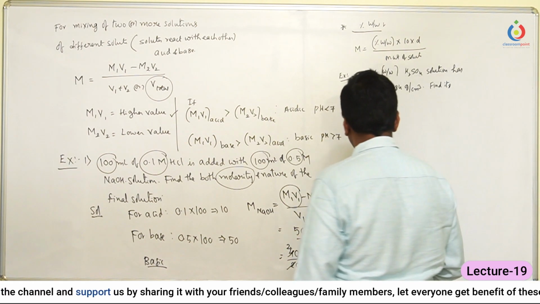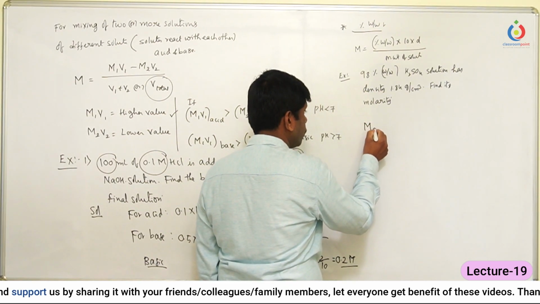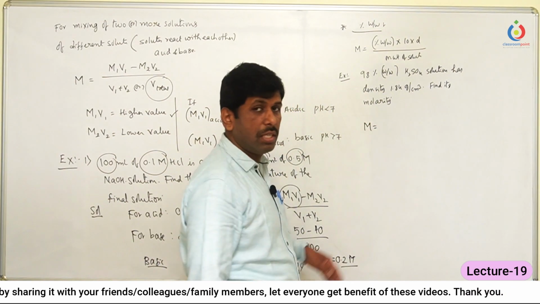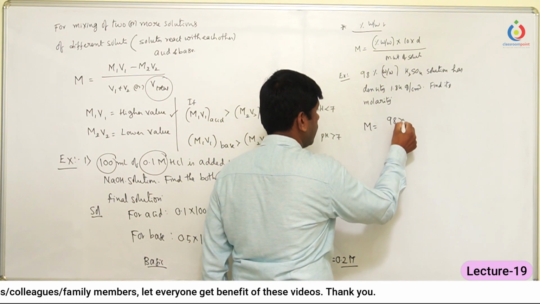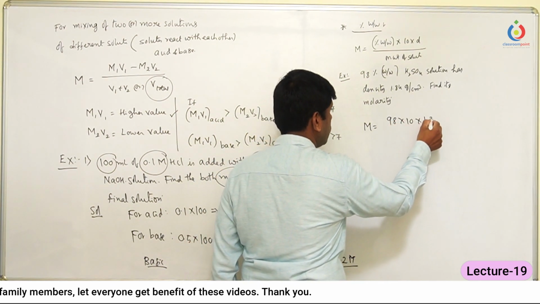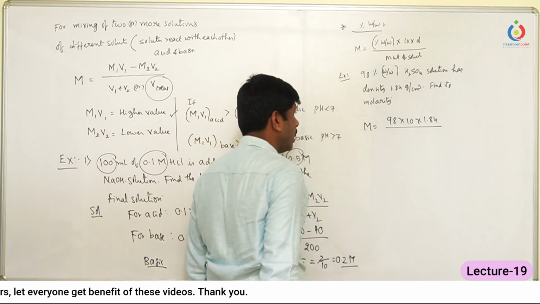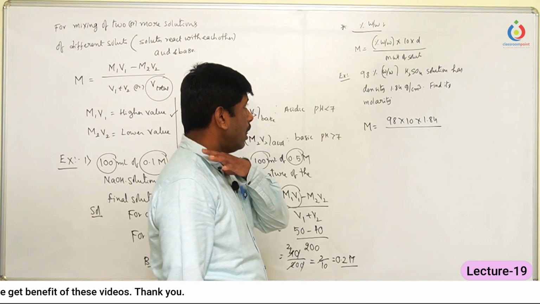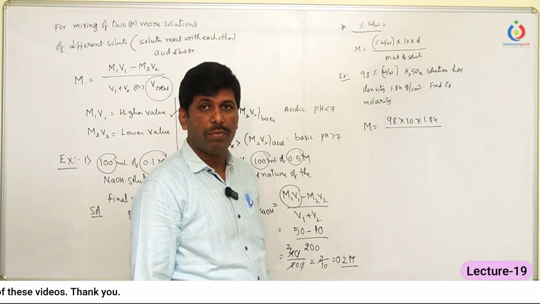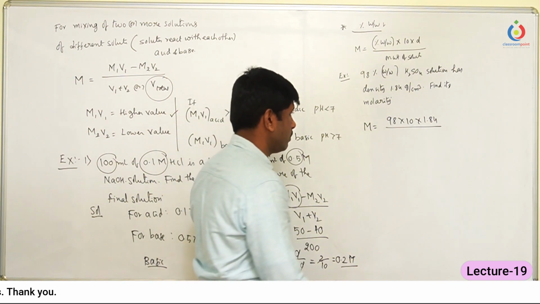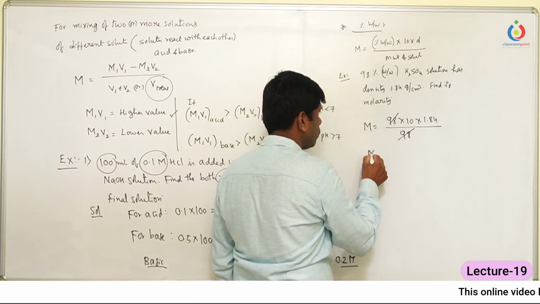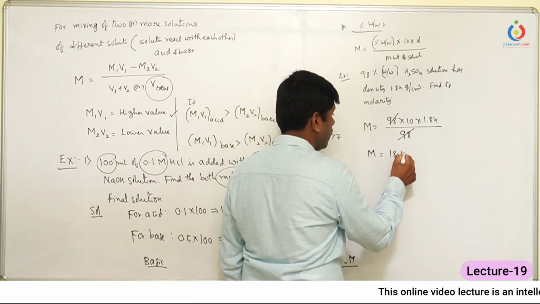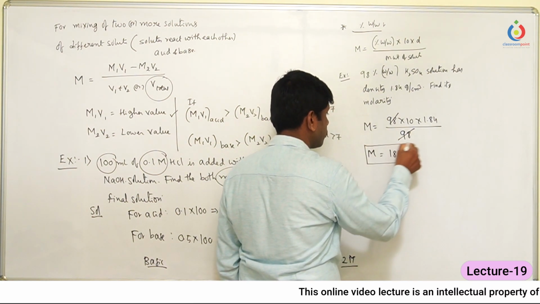So here the molarity of H2SO4 equals percentage weight by weight, which is given as 98, into 10, and the density value is 1.84 grams per cubic centimeter. At the same time, the molecular weight of sulfuric acid is also 98. So 98 cancels out, so molarity equals 18.4 M.